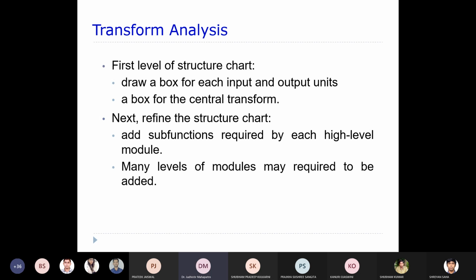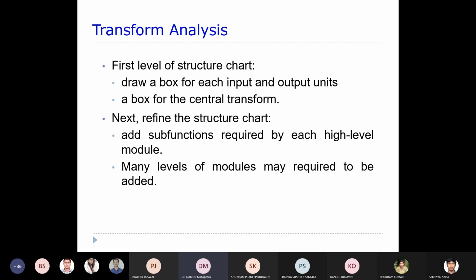Now you will be getting the first level of the structure chart. Simply, for whatever input and output units you identify, you draw a box, and a box for the central transformation. I'll go through an example, then you will understand how we make a box there.